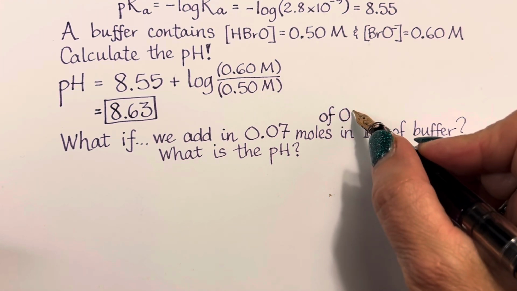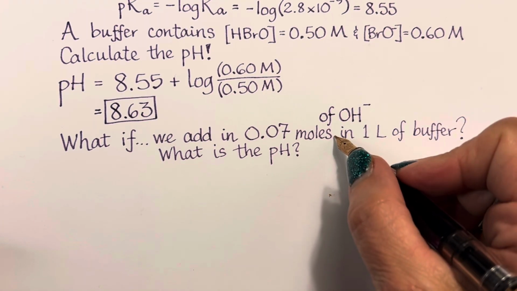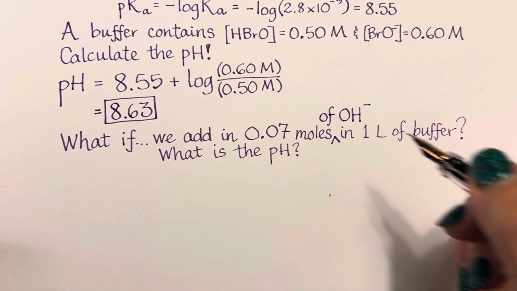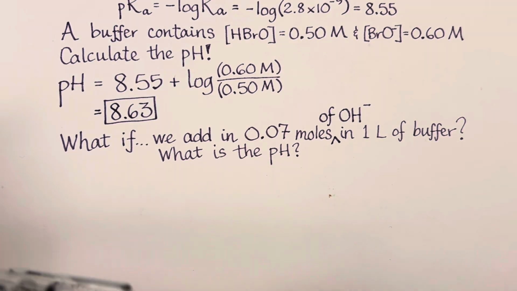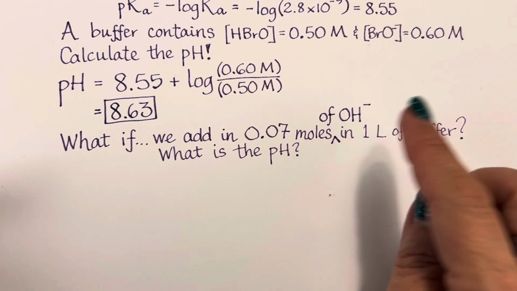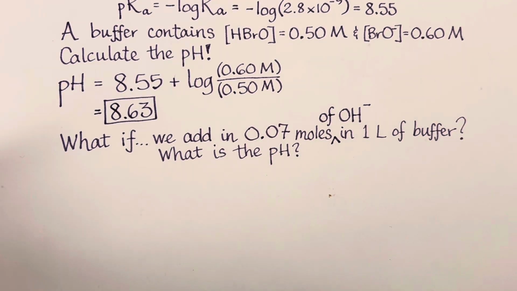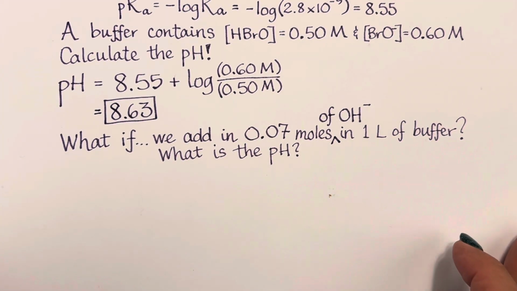Hydroxide of a strong base. This is very relevant to the question. Now, I could have said strong acid. That would be another kind of problem that is related to what we are about to do.